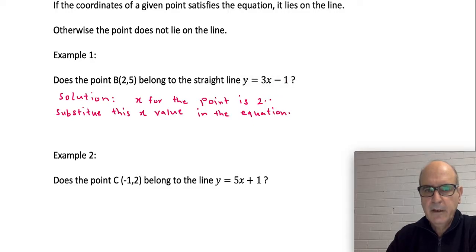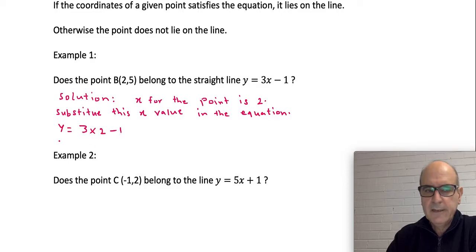So here I'm going to replace this x with the value of x, which is 2. That gives me, I write the whole equation, y equals 3x. Remember, 3x means 3 times x. I'm going to put that times back here. It doesn't show it here, but you got to put it here. And 3 times x, but x is 2. Then the rest of the equation, minus 1.